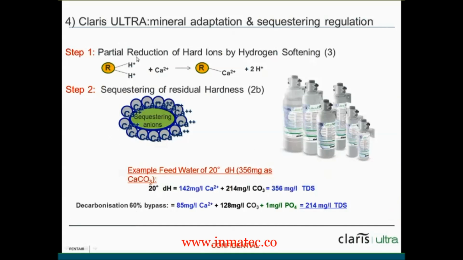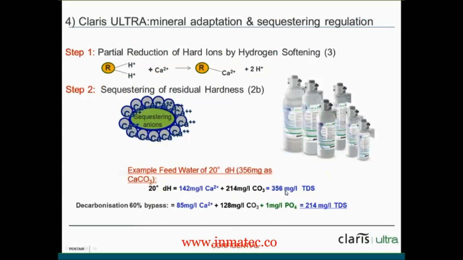And here's how it works. We have partial reduction of hard ions by hydrogen softening. Get that removed here, plus 2 hydrogen. Then there's sequestering of the residual hardness by a very tightly controlled phosphate feed. So we sequester the rest of the calcium, keep it out of harm's way. And you can see we have 142 milligrams of calcium beforehand, plus 214 milligrams of carbonate.